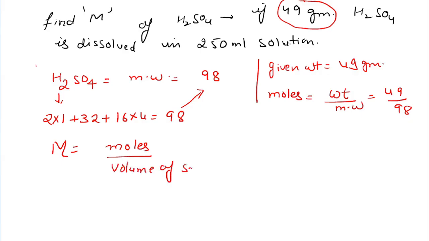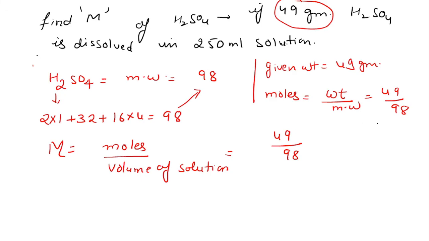Here moles is 49 upon 98. To make the calculation easier, don't solve at once. Just have patience, because some digits may be easily divisible by each other.